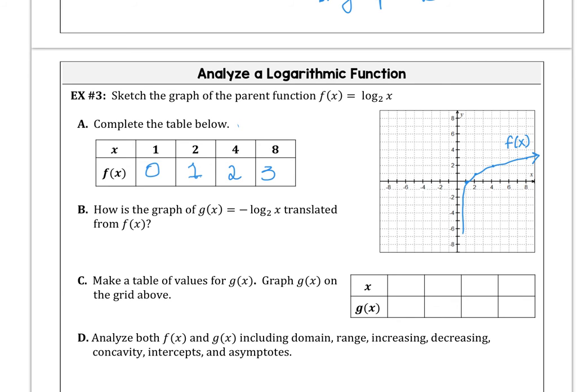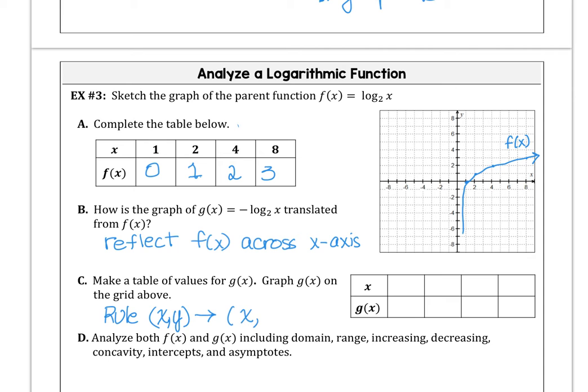How is the graph of g of x, negative log base 2 of x, translated from f of x? Well, in our last example, we learned that this negative in front causes f of x to reflect across the x-axis. If we wanted to write a rule for g of x, the rule for (x, y) from f of x to g of x would be keep the x and do the opposite on y.